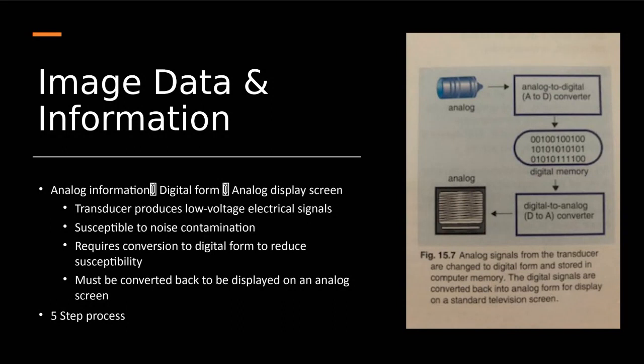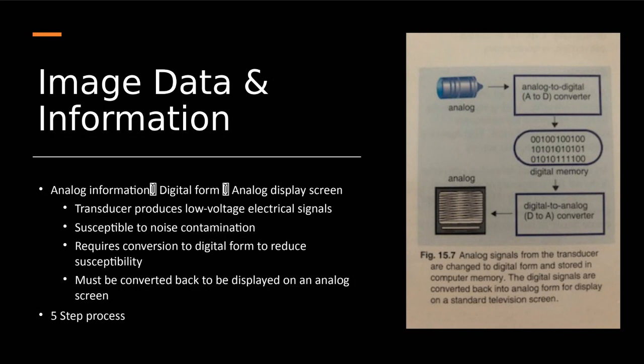Our system is digitizing all of that processed information into zeros and ones, and pixels and bits, and so on and so forth. But then we still can't display the zeros and ones on the screen. So we also now need to convert that digital information back to analog information to see a real picture on the screen.